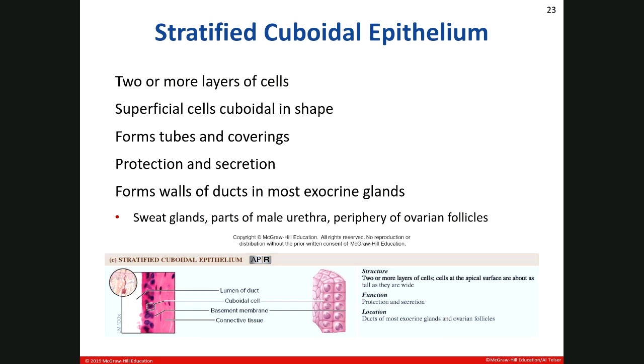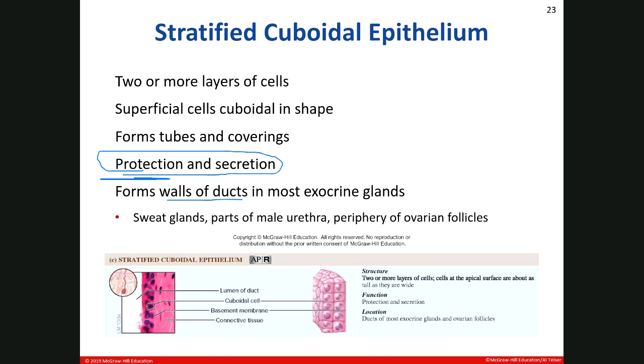Stratified cuboidal. When you see stratified cuboidal and stratified columnar, think of mainly protection, because we're going to offer some support here. You're going to find it in the walls of the ducts of what we call exocrine glands. Remember, there's two types of glands, endocrine and exocrine.